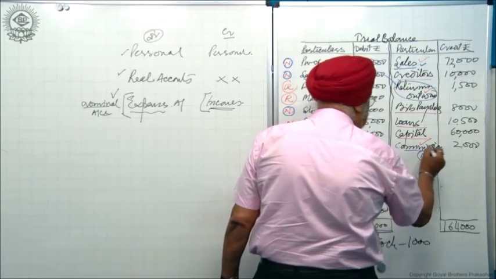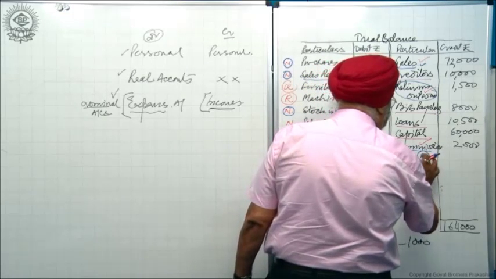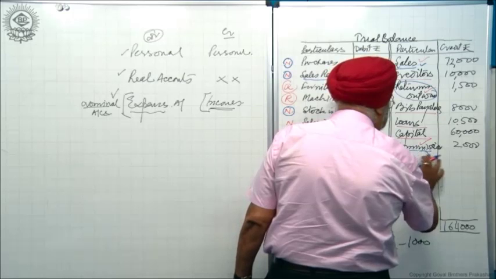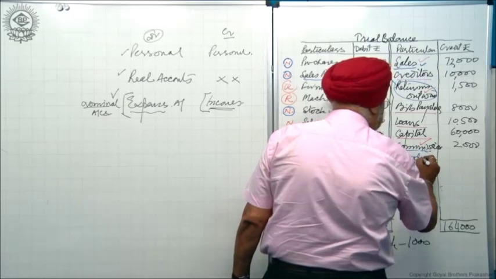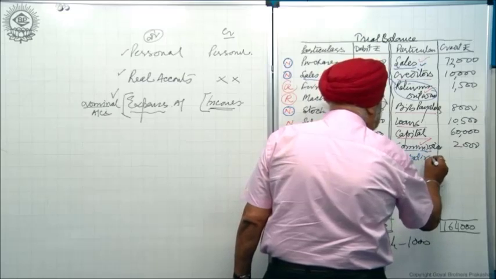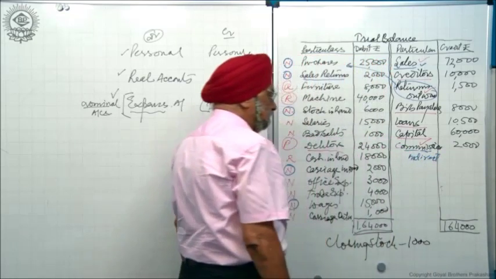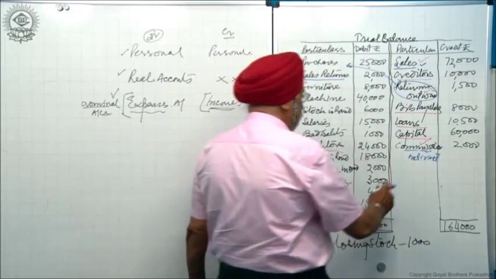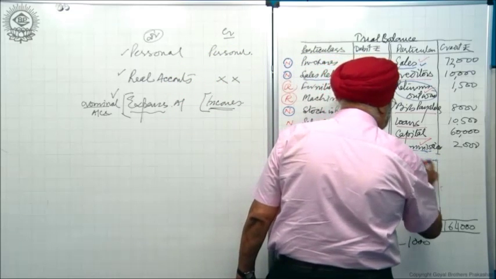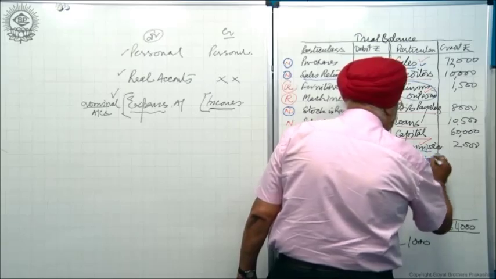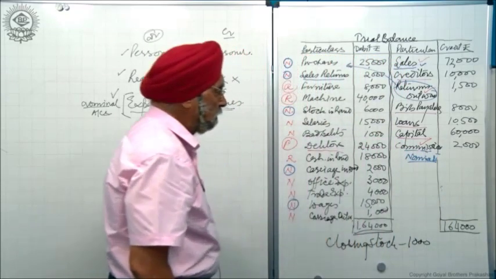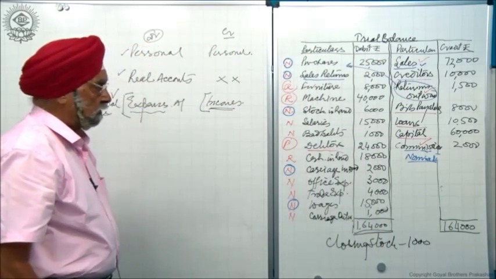This is nominal, but this is indirect. This is a nominal account, but it is indirect income, and will not come in calculation of gross profit.